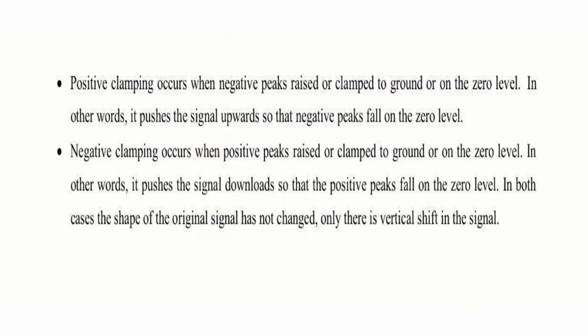Positive clamping occurs when negative peaks are raised or clamped to ground or the zero level, so the complete waveform is shifted upward in the case of positive clamping, and shifted downward in the case of negative clamping.